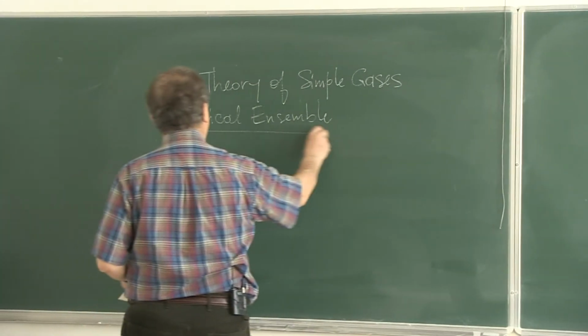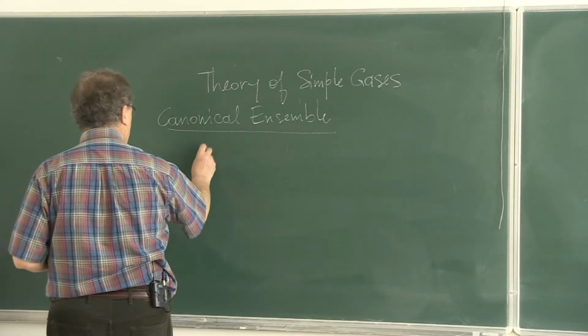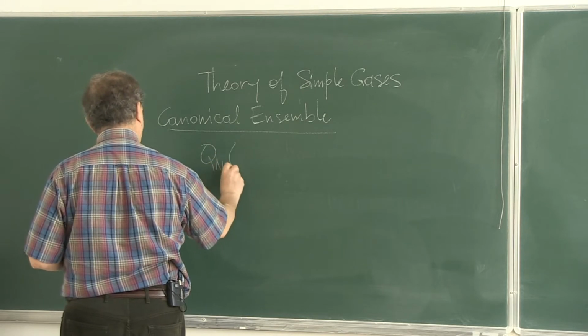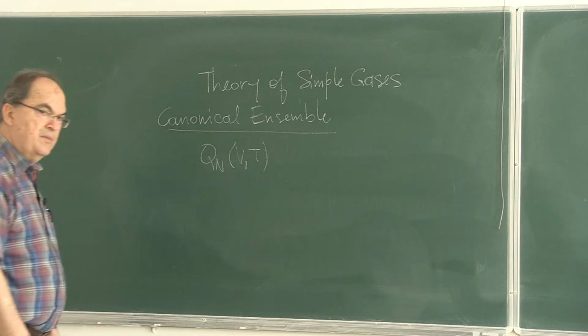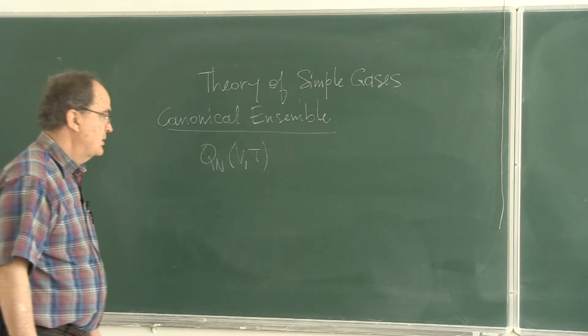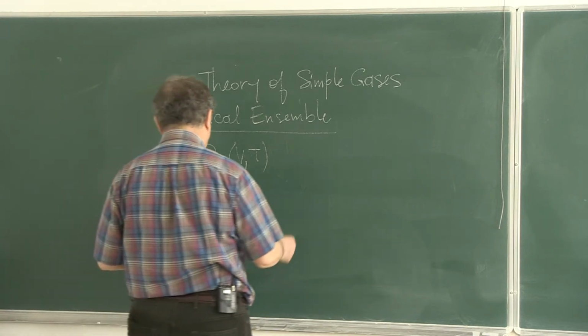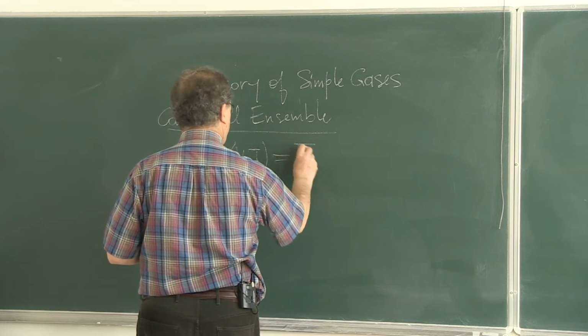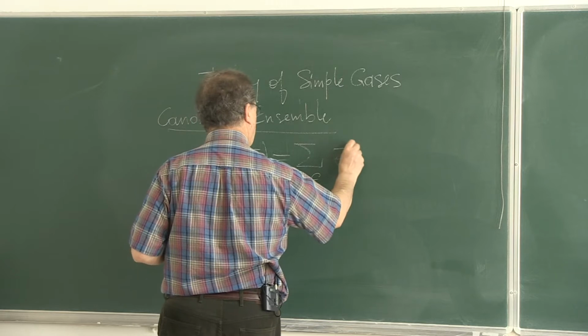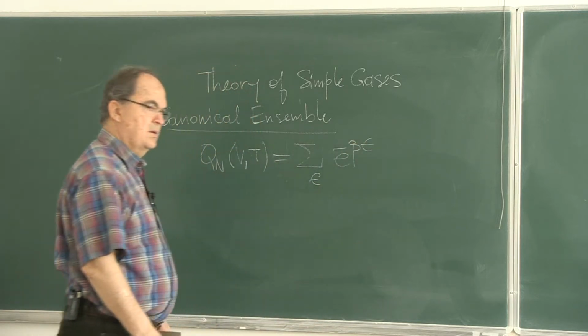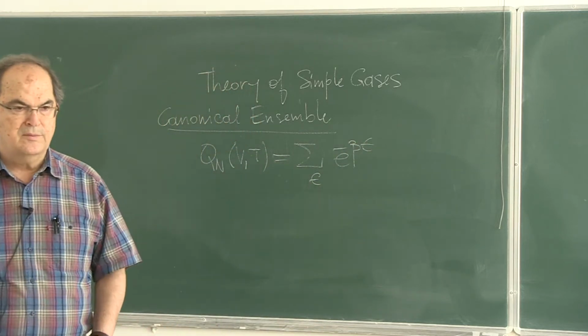If we do everything correct, we should get our earlier results back. Here is the partition function. This is an NVT system. In equilibrium, these are constant. It is quite an easy form for the canonical partition function.